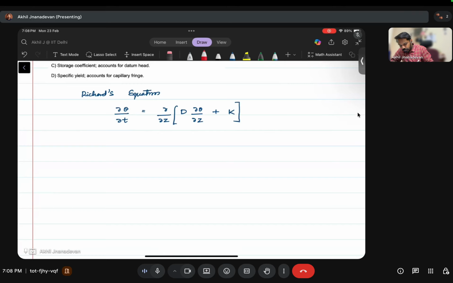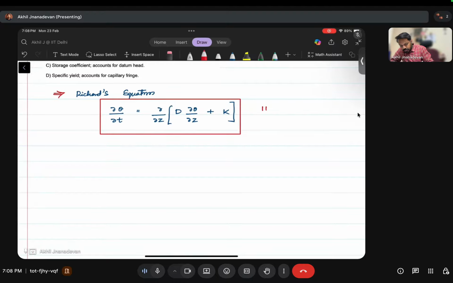Right, so this is the Richards equation for one-dimensional, unsteady, unsaturated flow in porous medium. So the analytical or theoretical solution will basically be by solving this equation.